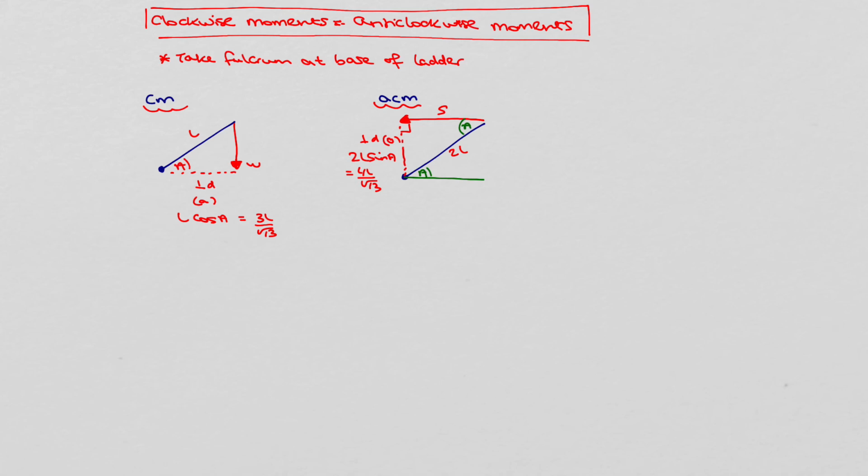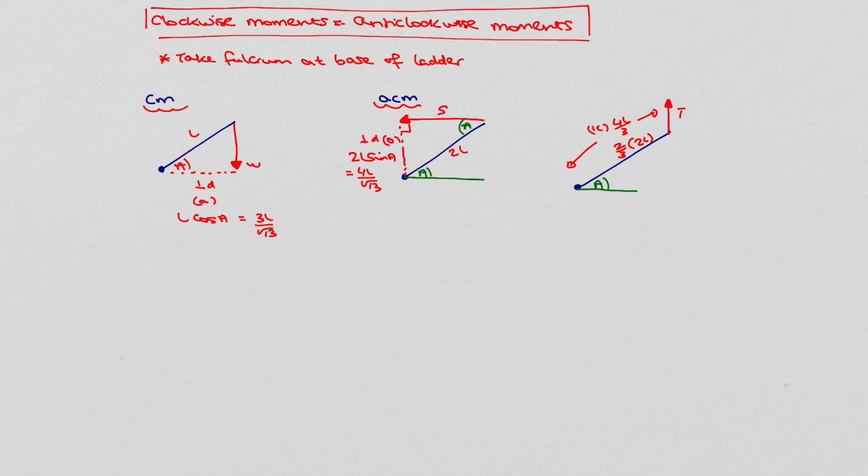And then of course we have the tension in the string. And again, if I mark in my horizontal ground, A, so we have our tension is acting up, and the distance is 2/3 of the way up, where the length of the rod is 2L. So basically that hypotenuse is going to be 4L/3. So from there to there.